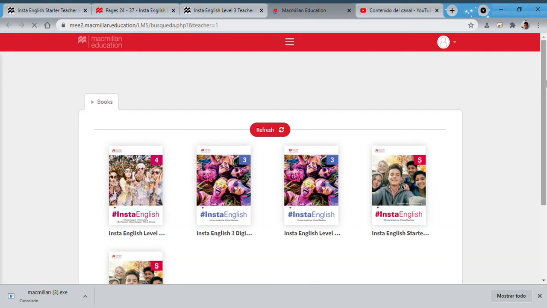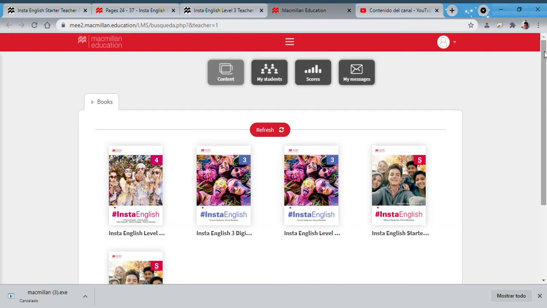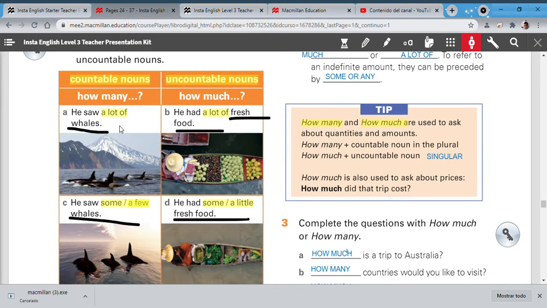Now let's see. For example, I have some water. In the case of water, remember water is uncountable. Or liquids are uncountable. But what is good for you? The good thing is that you use some for countable and some for uncountable.